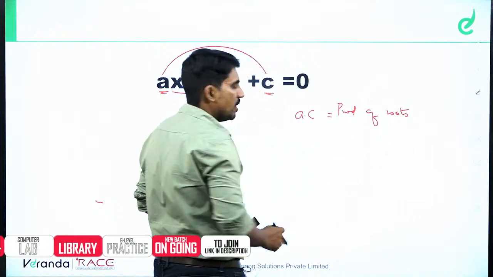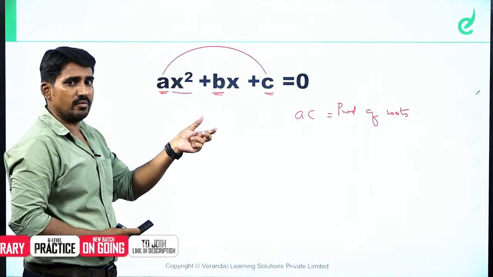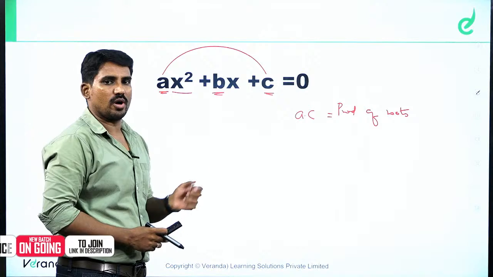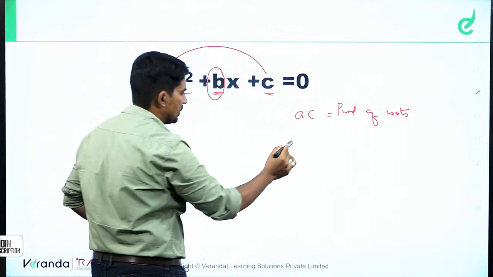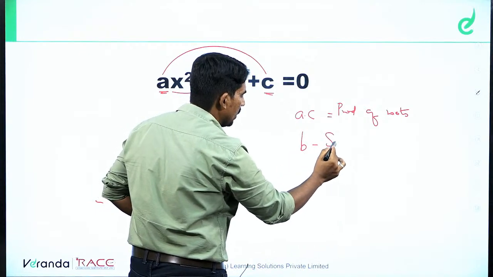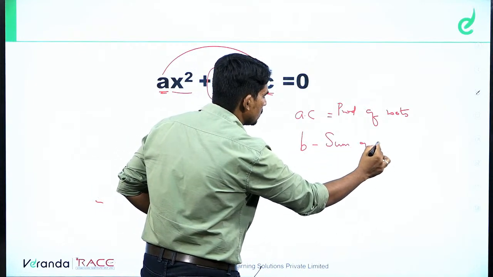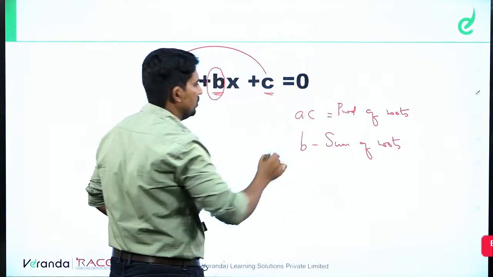A value into c value is nothing but the product of the roots. Then this middle value, coefficient of x, b is nothing but the sum of the roots.